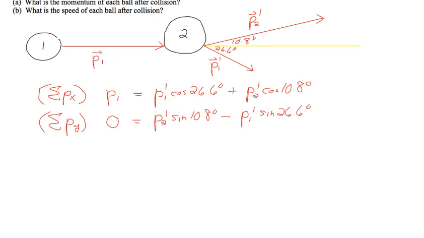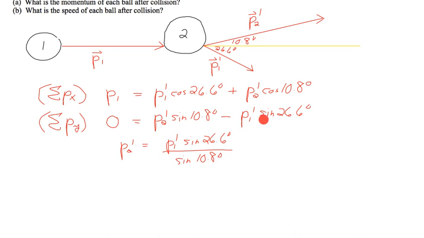So in order to solve when I have two equations and two unknowns, I'm going to use the second equation to create a substitution and put that into the first equation. So I'll solve for P2 prime here. P2 prime is going to equal P1 prime sine of 26.6 degrees divided by the sine of 10.8 degrees. All I did was algebra here.